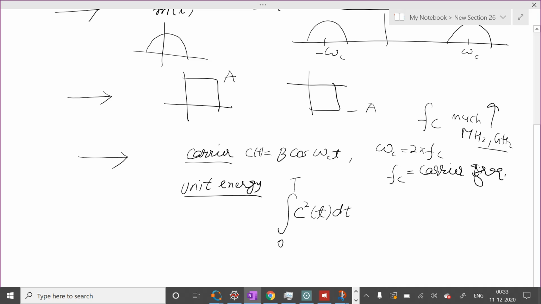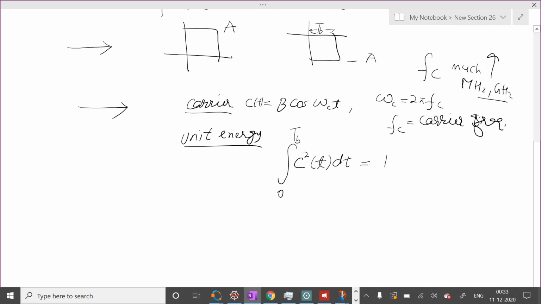Okay, let's suppose we are interested in the time period tb, which is also called the bit time interval. It is the time period over which we transmit one bit. Okay, so now we want this to be 1, which means that the integral of b square cos square omega ct should be 1.